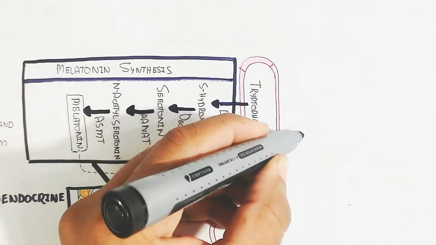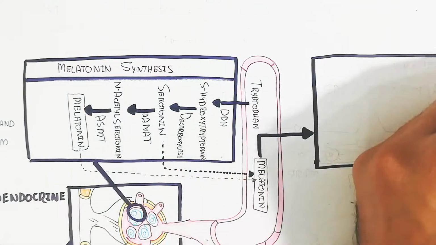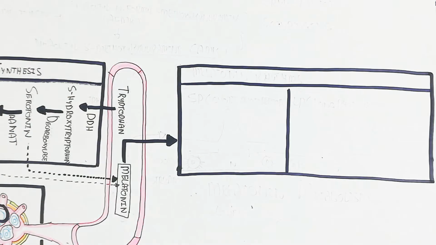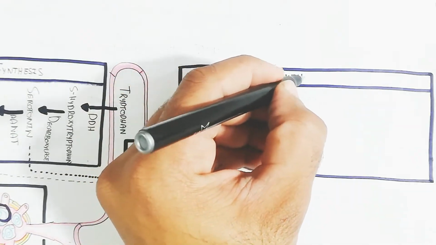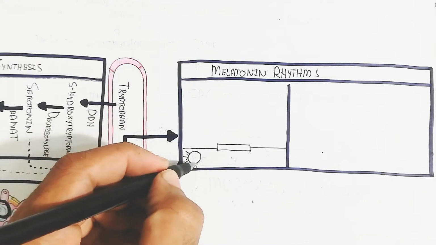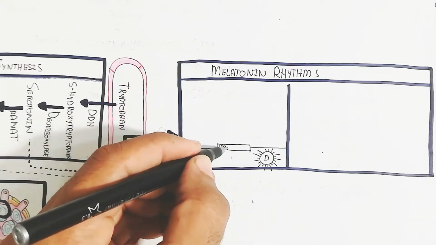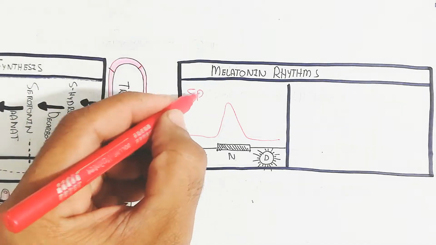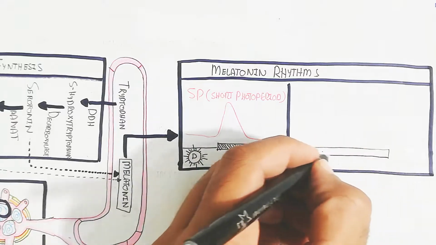So melatonin rises due to rod cell or dim light stimulation at nighttime. Now we will discuss the melatonin rhythms as it goes into the blood circulatory system and targets several tissues. This is my mistake: remember, you can correct this melatonin rhythm graph. The short photoperiod should be a long photoperiod, while the long photoperiod should be a short photoperiod.